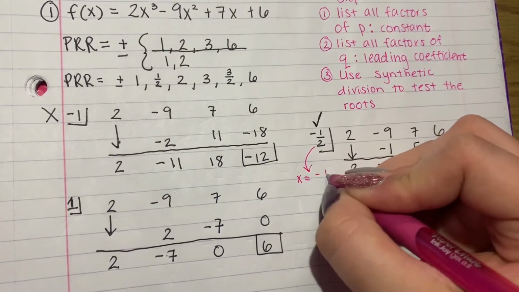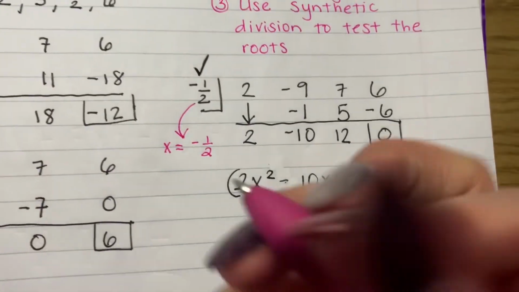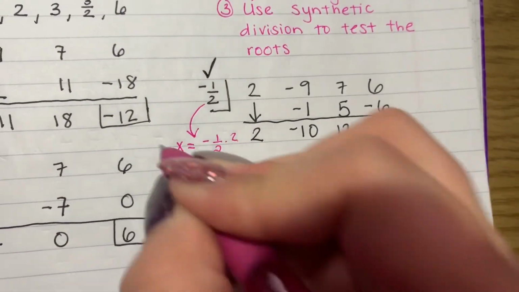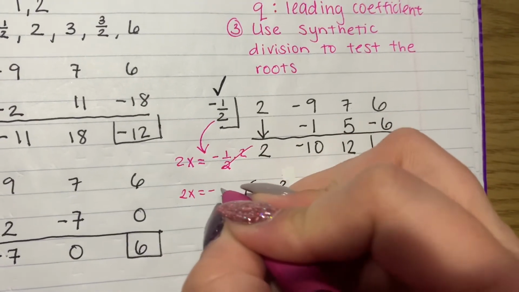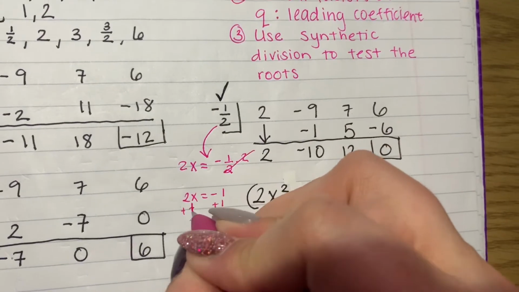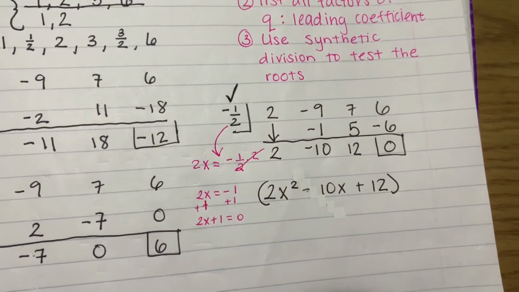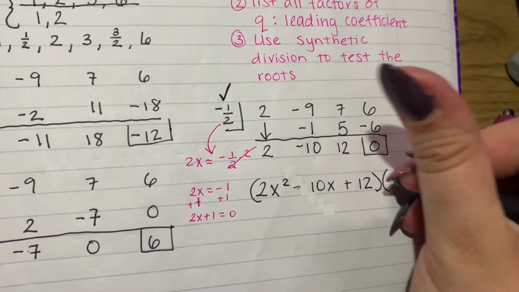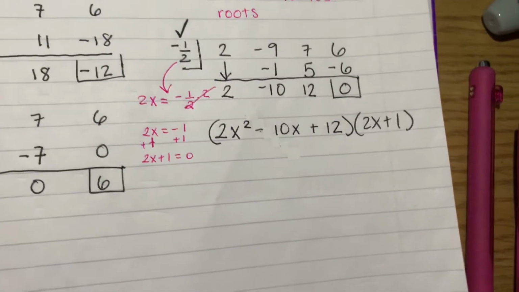So we're going to work backwards from x equals -1/2 to eventually get something that says equals 0. I'm going to multiply by 2 to get rid of that denominator on both sides, and I'll get 2x equals -1. I'll add 1 to both sides, and I'll end up with 2x plus 1 equals 0. That means that 2x plus 1 is one of the factors.